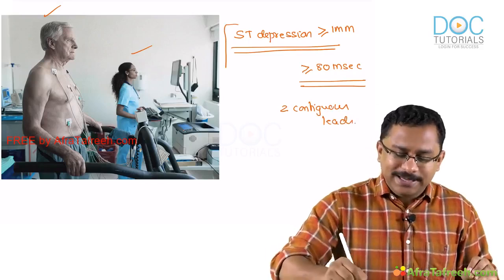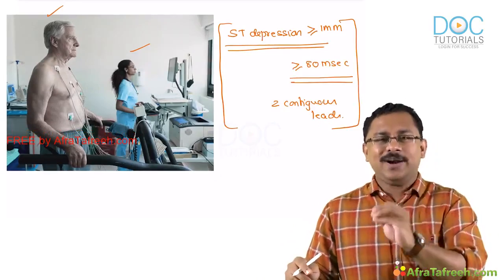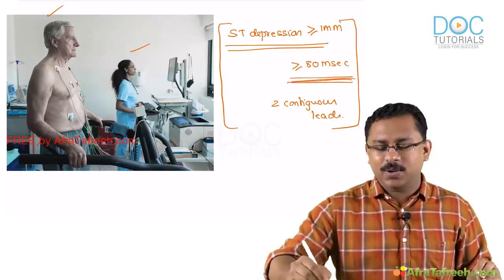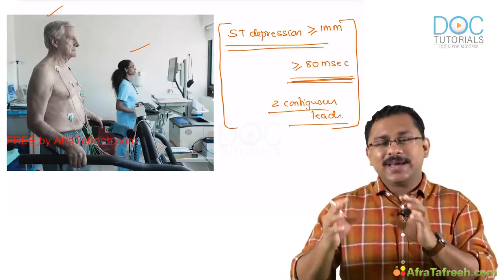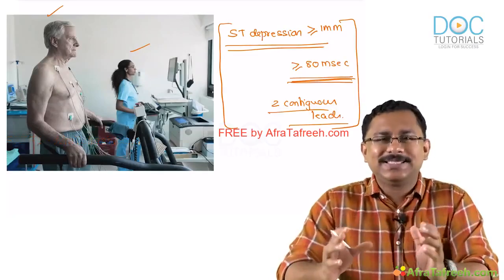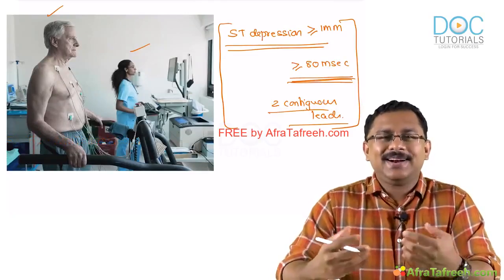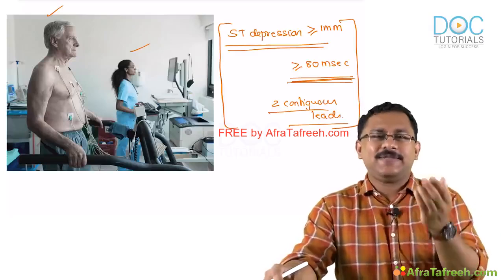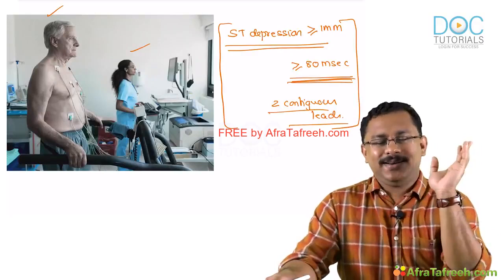So when you get such a significant ST depression, more than or equal to 1 millimeter, lasting for more than or equal to 80 milliseconds in 2 contiguous leads, then you can comment that there has been some ischemic change in this patient. So you say that the treadmill test shows evidence of ischemia when the patient shows these ECG changes before attaining the target heart rate.